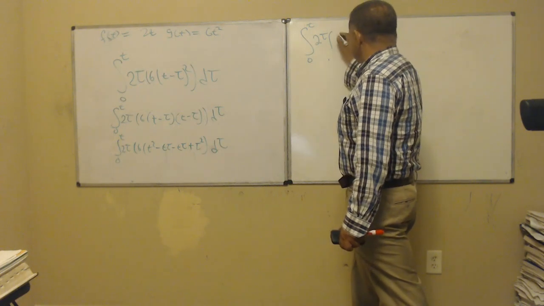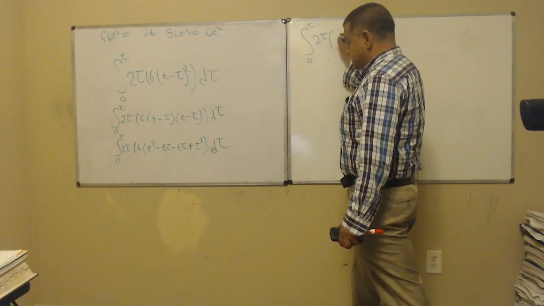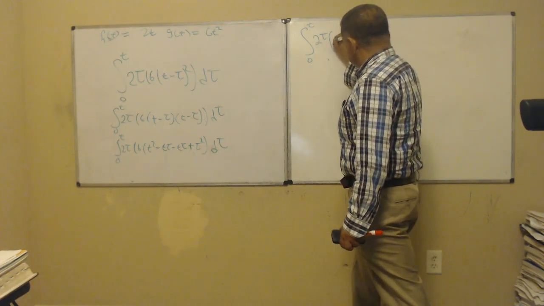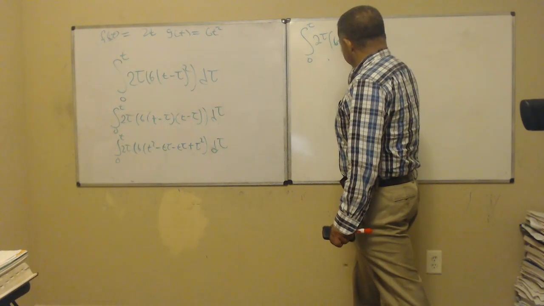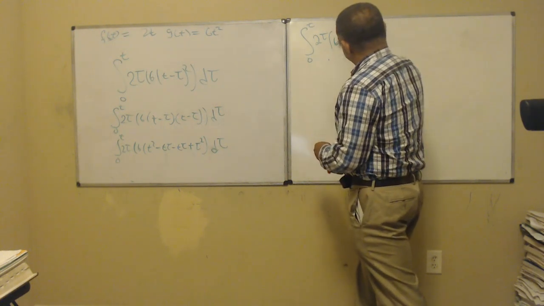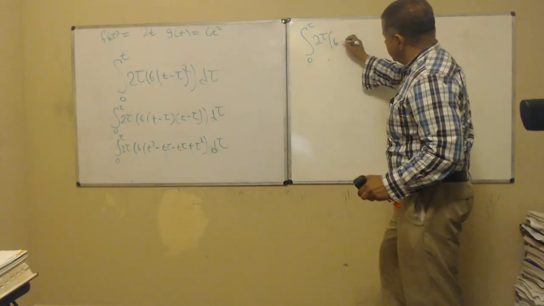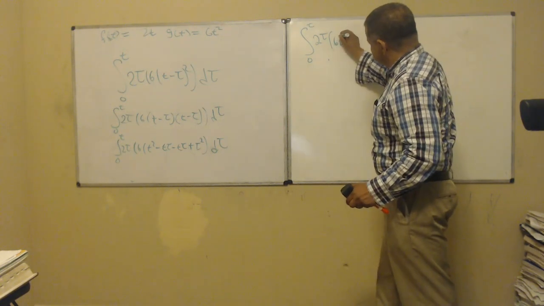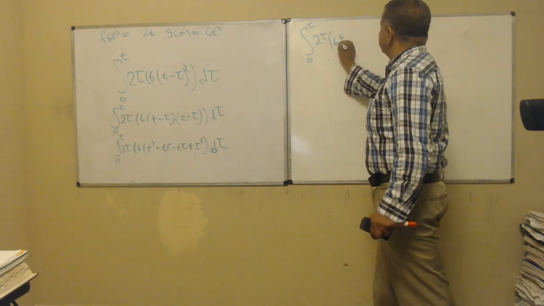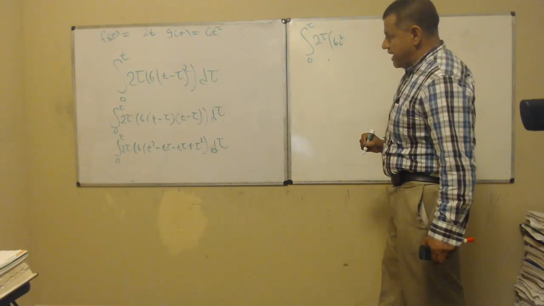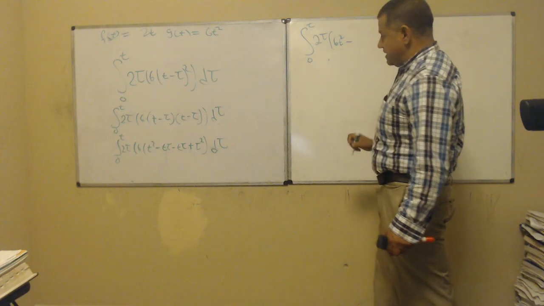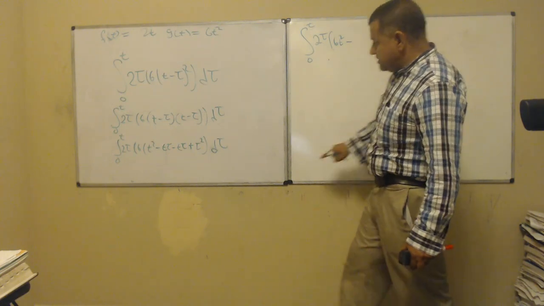It's going to be 6 inside, 6t squared, inside, and then I need to add these 2 guys.